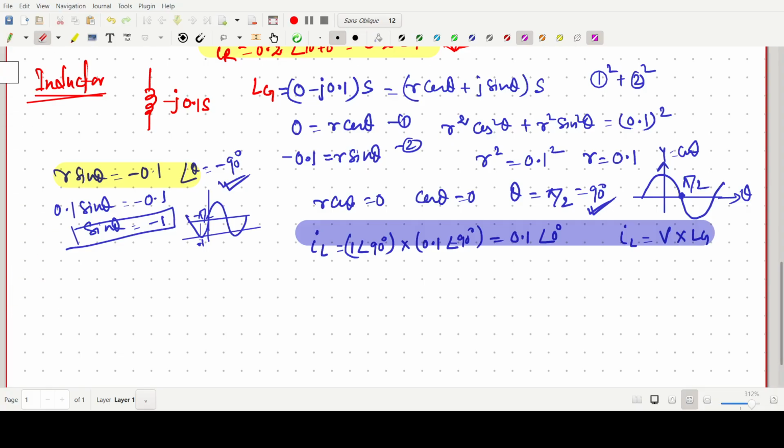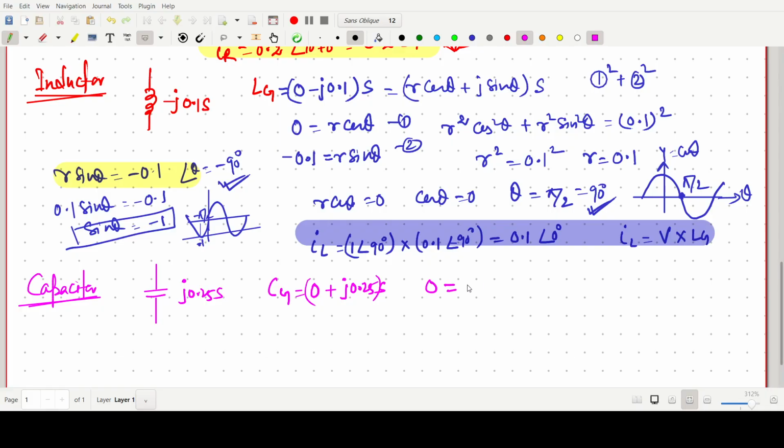Now for the capacitor, the admittance is given as j 0.25 S, in Siemens. So again, the 0 you have to consider as r cos theta, and 0.25 is r sin theta.